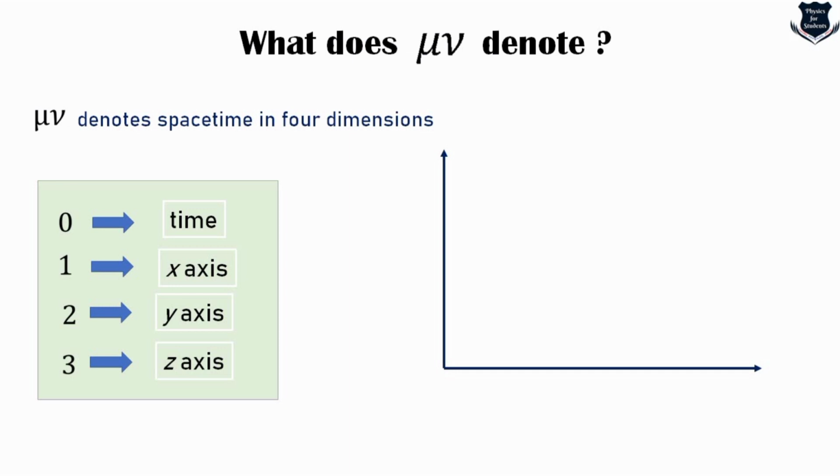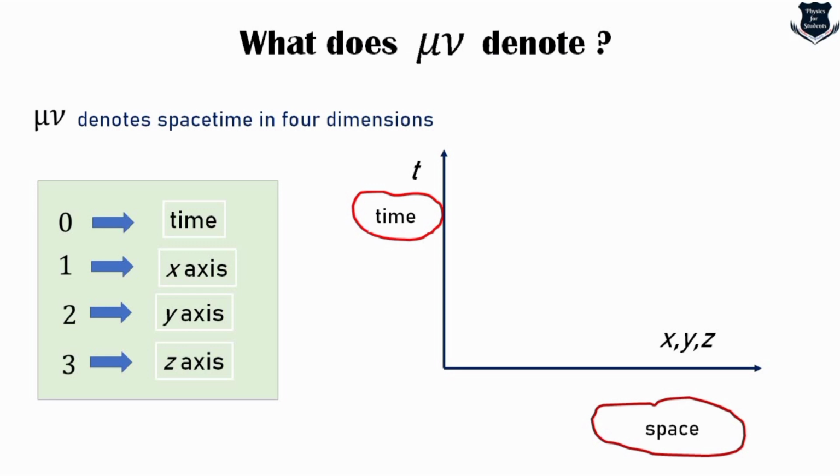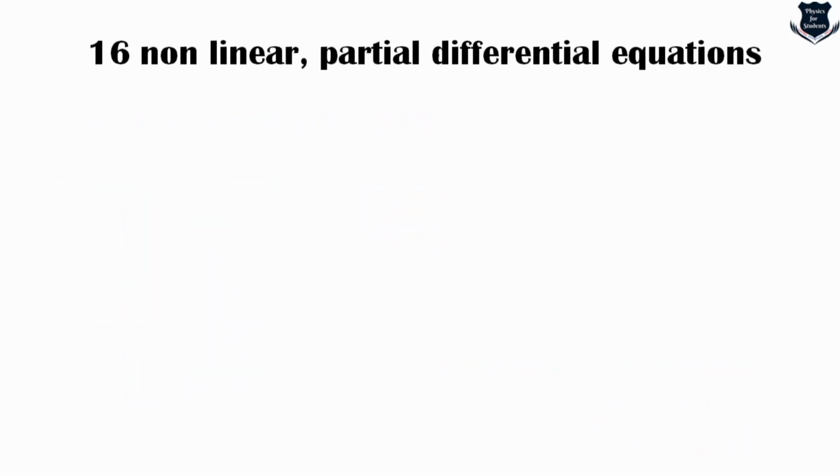If I have an x and y kind of axis, then this t would be the time, and xyz would be the space. So 3 dimensions of space plus 1 dimension of time makes up the 4 dimensions of space-time, which is denoted by mu nu, and which is the first component that we need to understand. 0, 1, 2, 3 is the time and the 3 spatial dimensions.